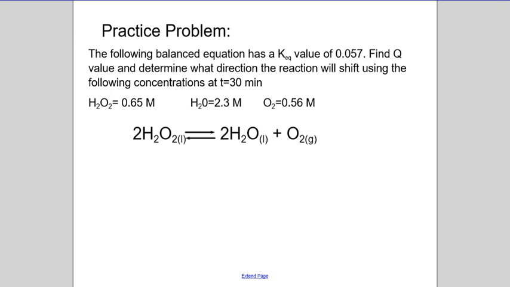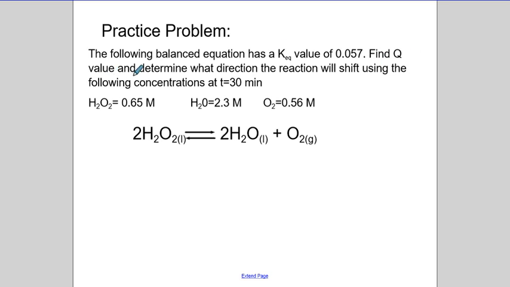All right, so here's a practice problem with actual numbers, and we can actually see how Q and K work in this case. So the following balanced reaction has a K value of 0.057. So we know what the K value is for this reaction.